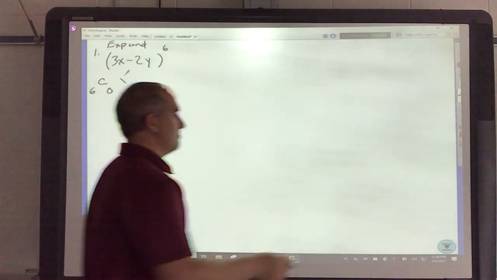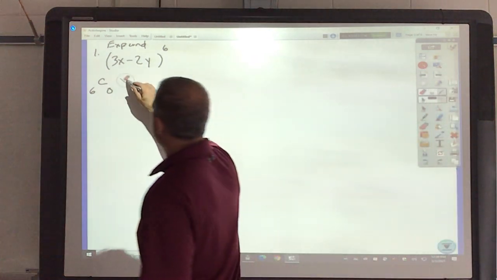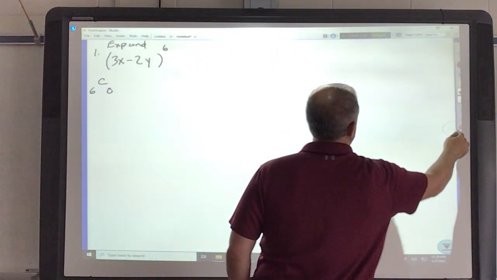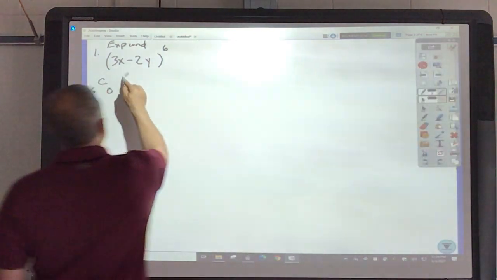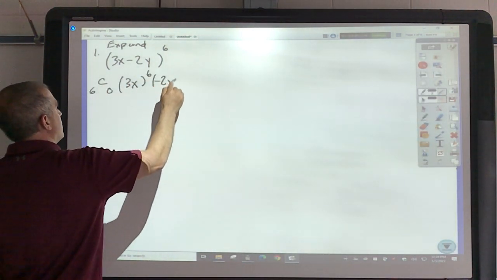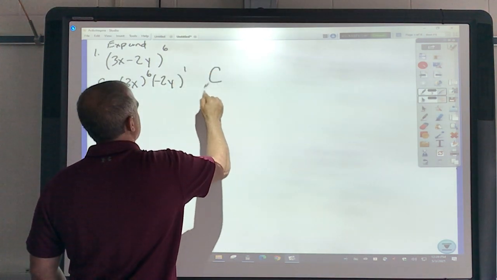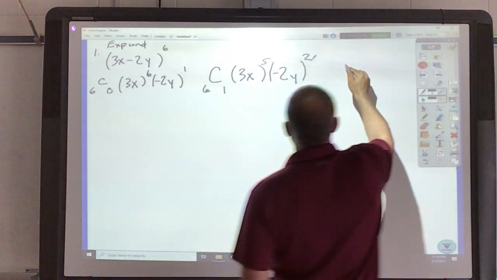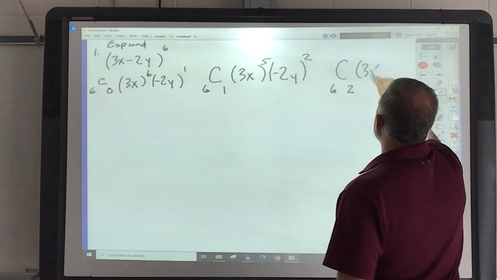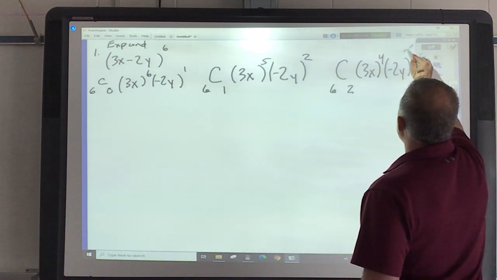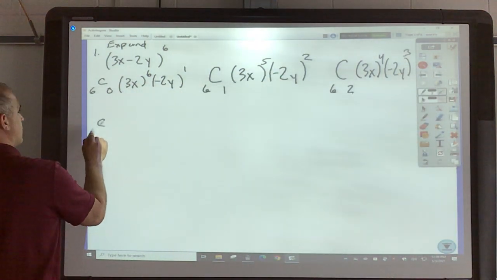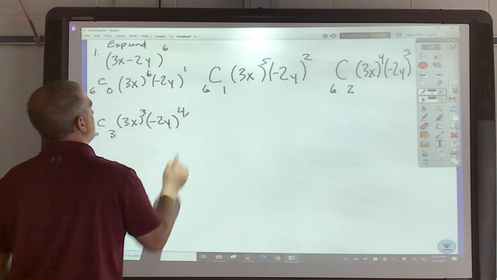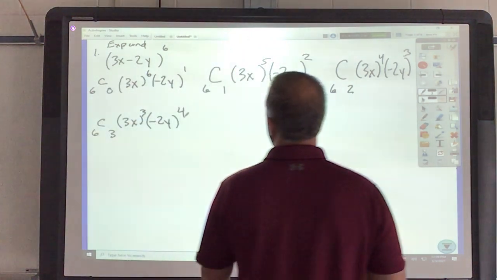So that's C(6,0) (3x)^6 (-2y)^0, then C(6,1) (3x)^5 (-2y)^1, then C(6,2) (3x)^4 (-2y)^2, then C(6,3) (3x)^3 (-2y)^3.